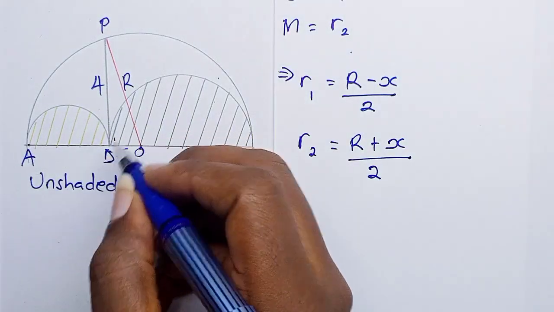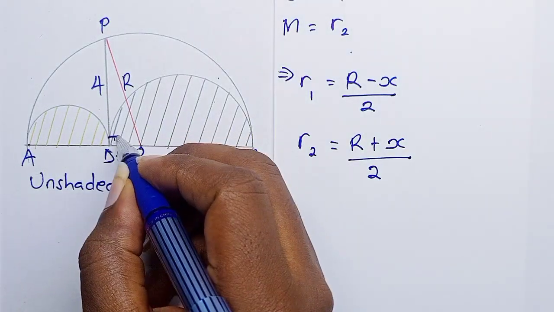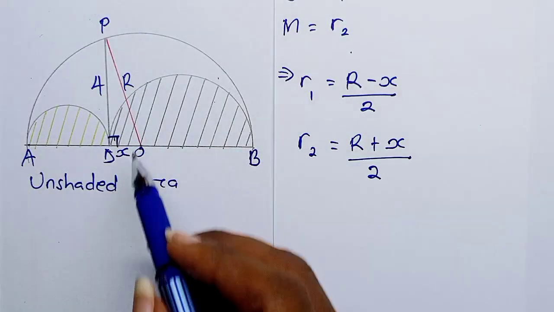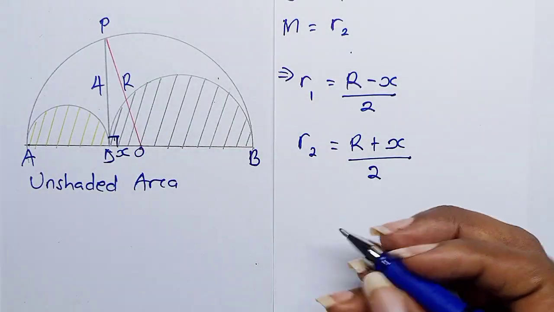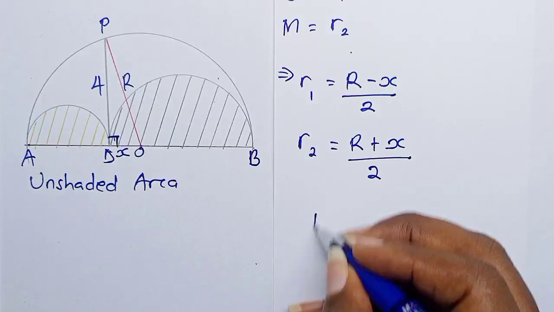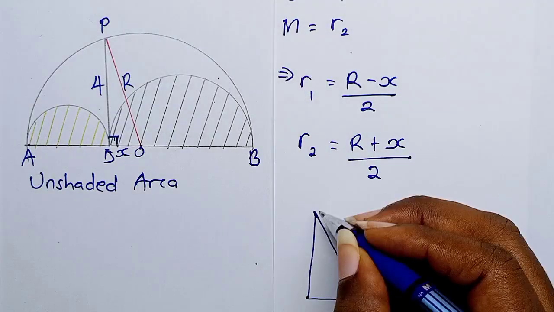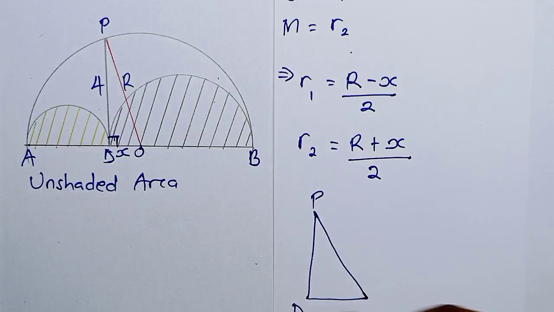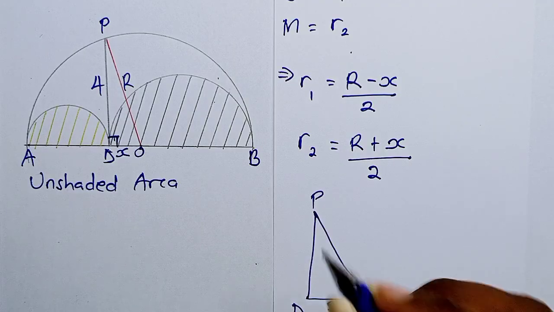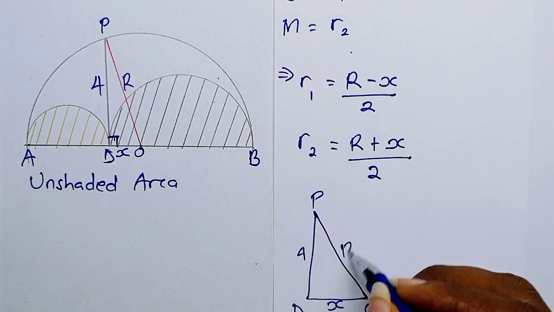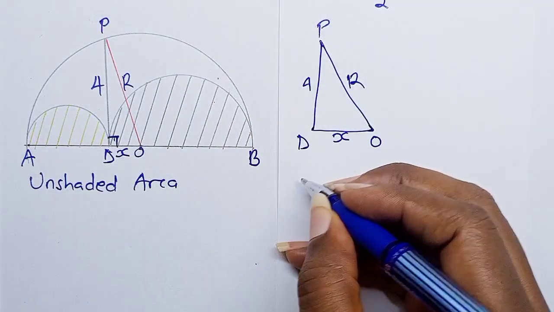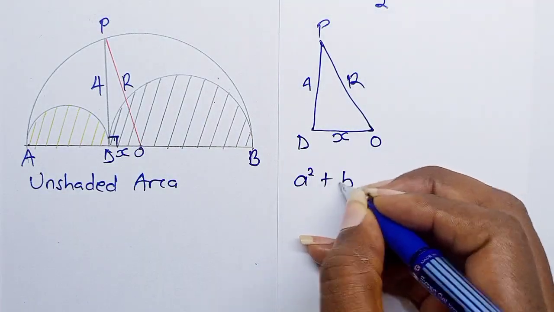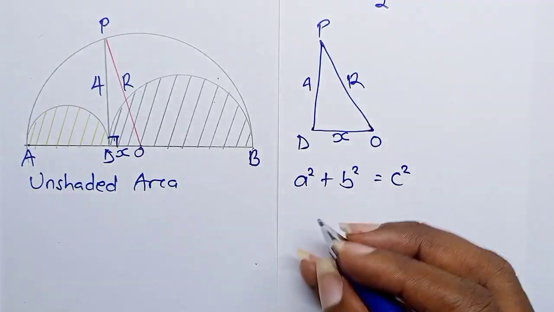Remember, this is a straight line, so this is a right triangle. This is 90 degrees. Since this is 90 degrees, we can use the Pythagorean theorem. Okay, so we have this triangle PDO. This is X, this is 4, and this is the radius, capital R. So using the Pythagorean theorem, A squared plus B squared is equal to C squared.